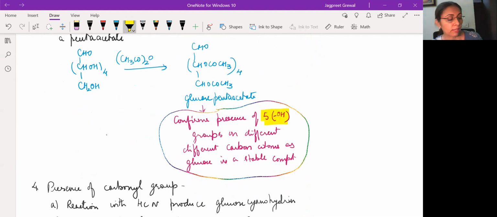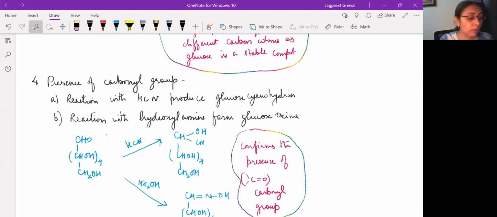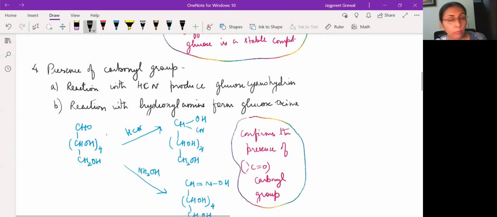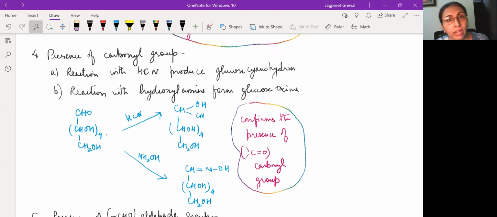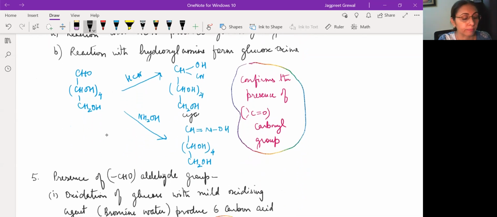Next, the presence of a carbonyl group was ascertained by the reaction of glucose with HCN. Carbonyls, we have done it in the chapter of aldehydes, ketones and carboxylic acids, react with HCN to form cyanohydrins.